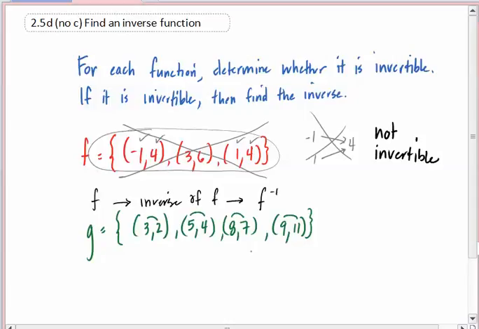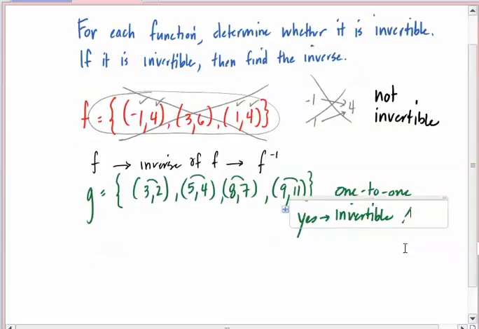Secondly, it doesn't have a repeated y value either, so this is indeed one-to-one. Well, if it is one-to-one, then it is invertible, and that's what they're wanting to know. Yes, it's invertible. Okay, now it does say to then find the inverse.